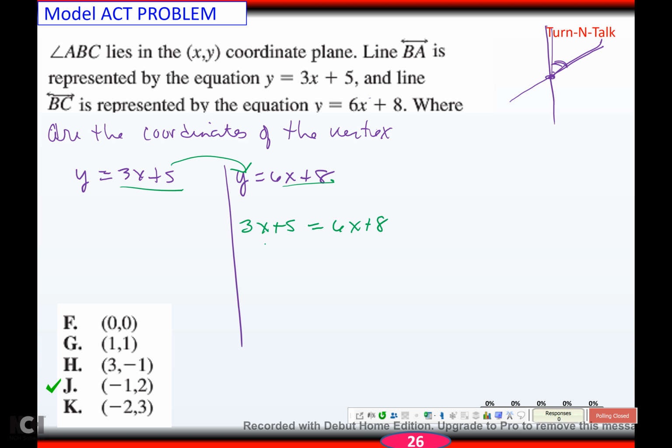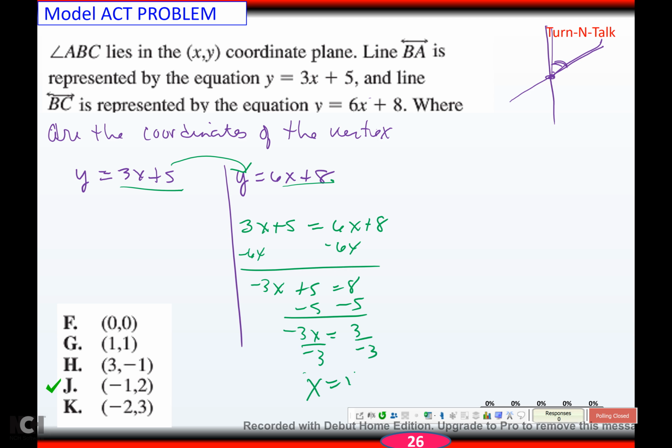So I'm trying to figure out what x is. So I'm going to minus 6x minus 6x. I get negative 3x plus 5 equals 8. Minus 5 minus 5. Negative 3x equals 3. Divide by negative 3. Divide by negative 3.